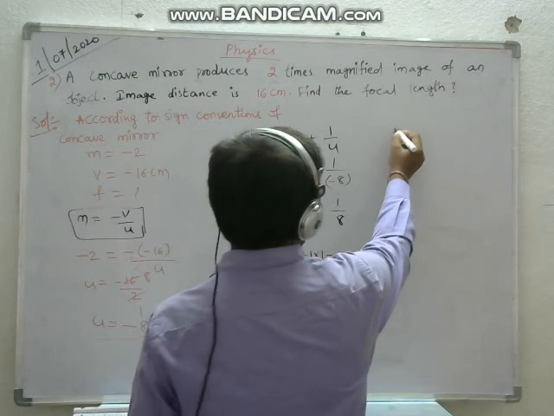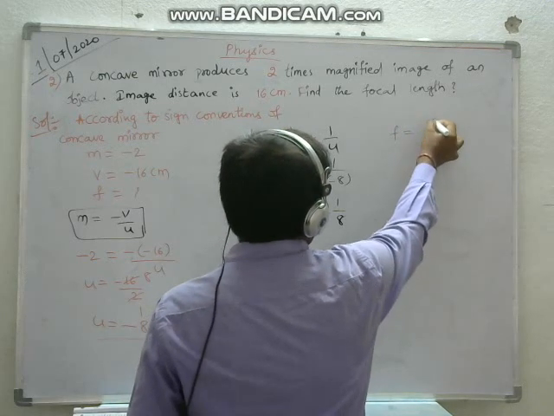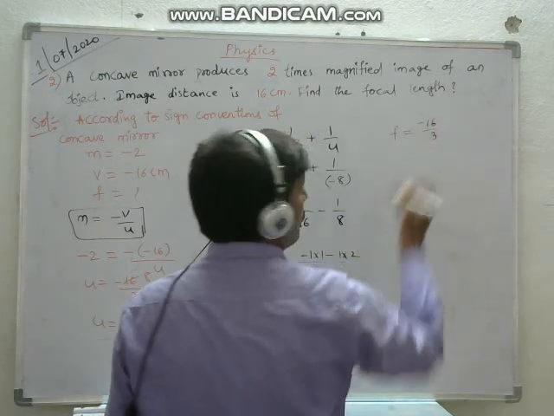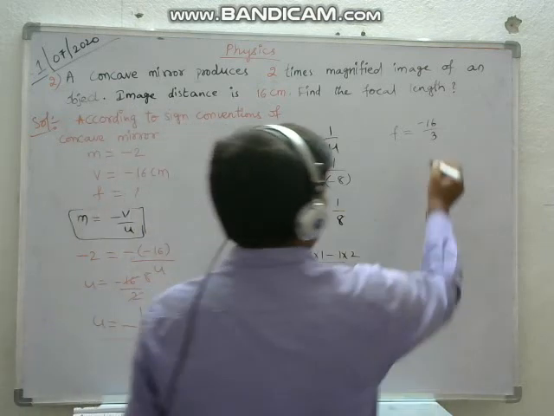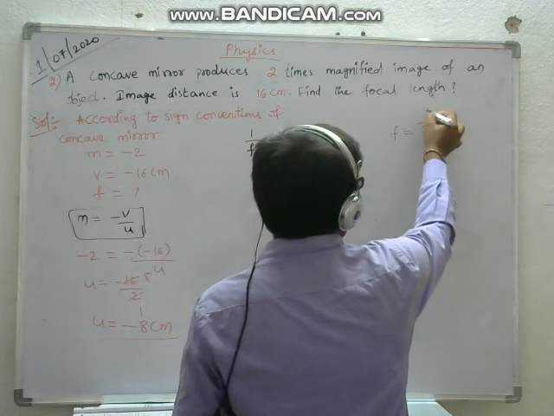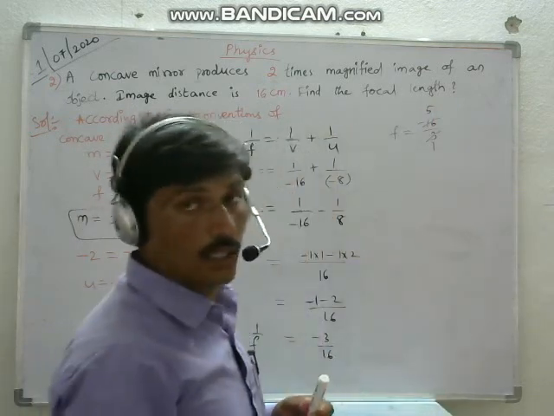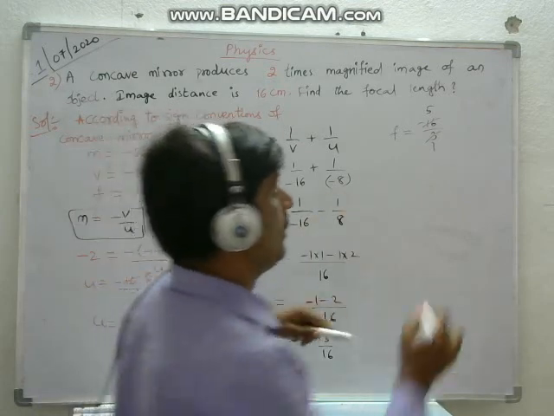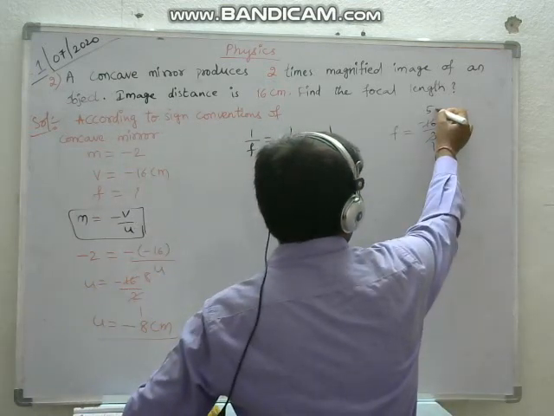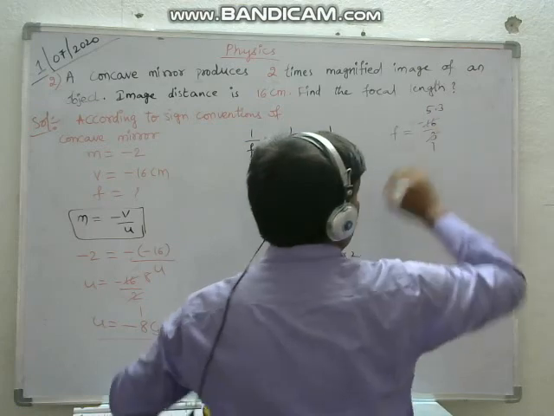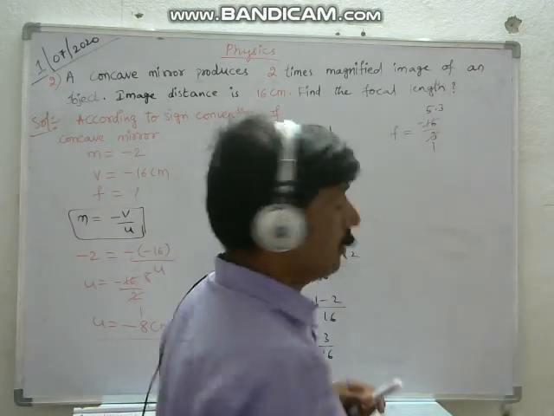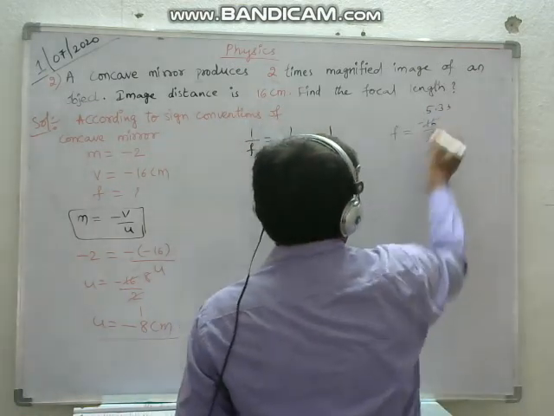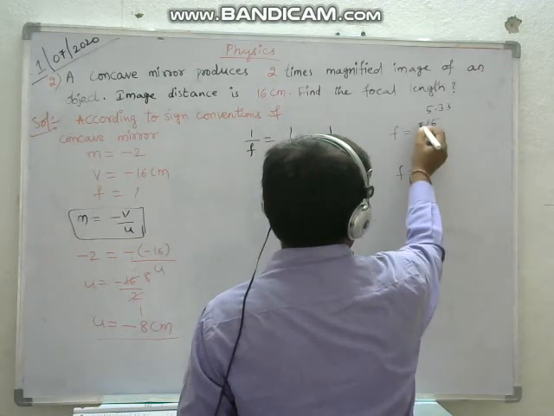So 1 by f is equal to minus 3 by 16. From that, f is equal to minus 16 by 3. 3 ones are 3, 3 fives are 15, left is 1. 3 threes are 9, again left 1. So f is equal to, we have a minus.